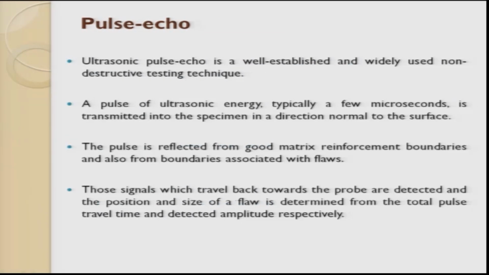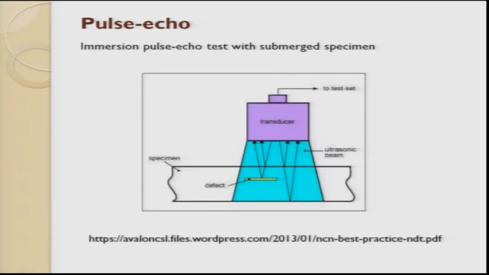In pulse echo type, this is a very well established technique. So, this is a pulse echo type. Here what we do is we immerse the pulse echo test with a submerged specimen. We have a transducer. This transducer is nothing but a piezo crystal which can vibrate in whatever frequency you set.